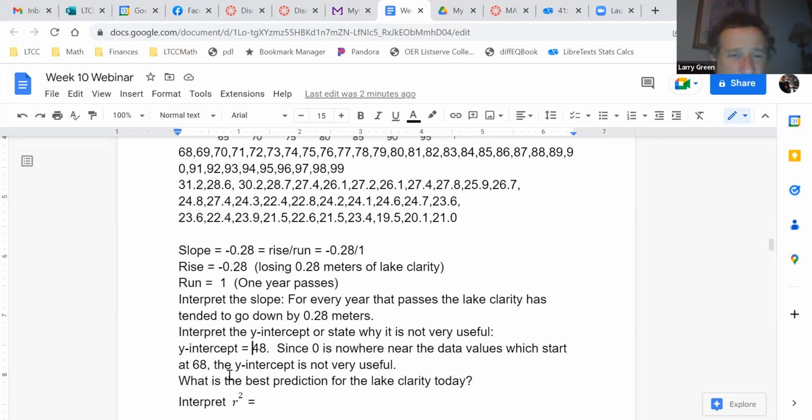Okay, so next is, what's the best prediction for the lake clarity today? Okay. So just a hint. What is today? Y'all better know what year we're in. 2023. How many years is that after 1900? It's not hard.